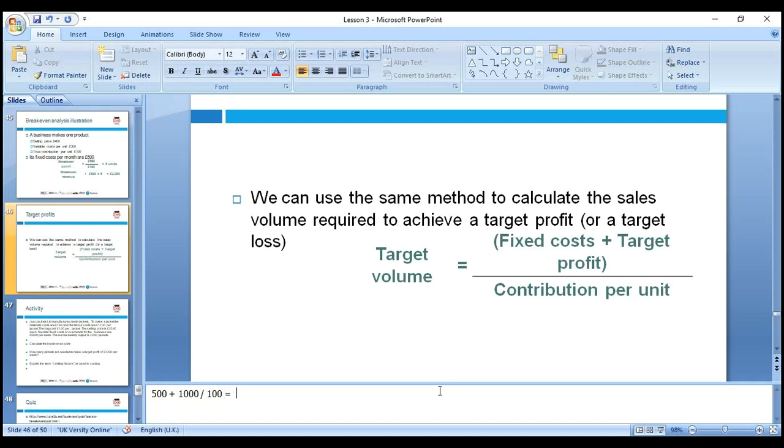So 1500 divided by 100, what answer will come? 15, yes? Yes. So I need to sell 15 units. I will be at break even, where no profit, no loss, but within this I will earn £1,000 as a target profit that will help me to meet my expenses.